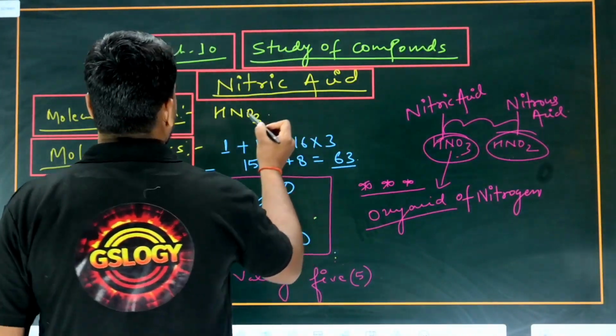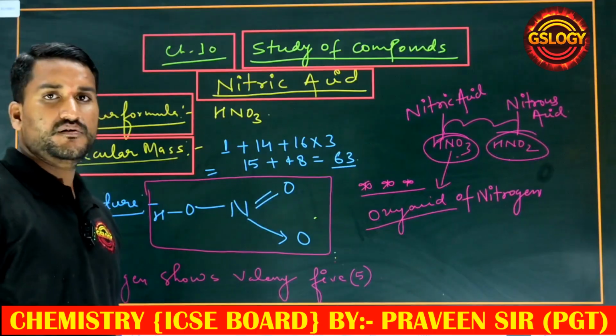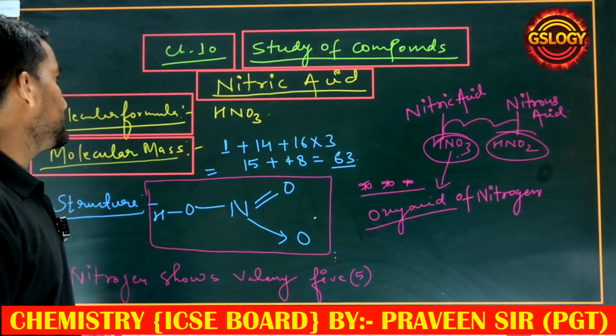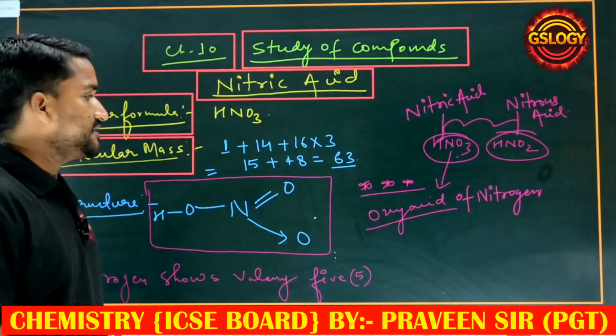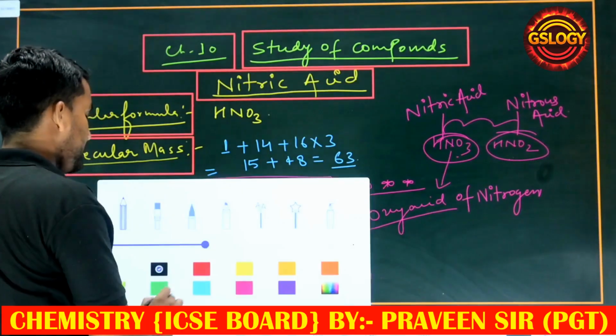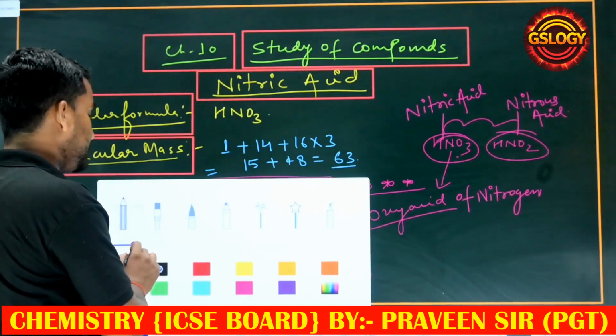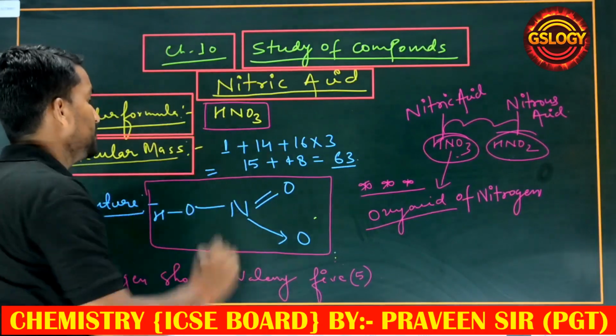Nitric acid is made up of hydrogen, nitrogen, and oxygen. So the molecular formula of nitric acid is HNO3. The formula of nitric acid is HNO3.